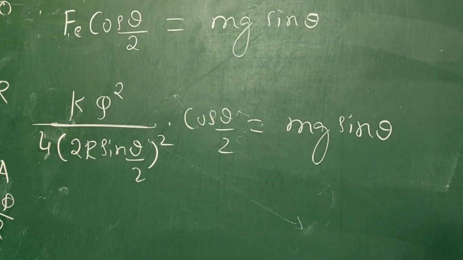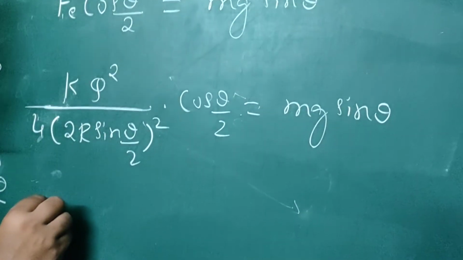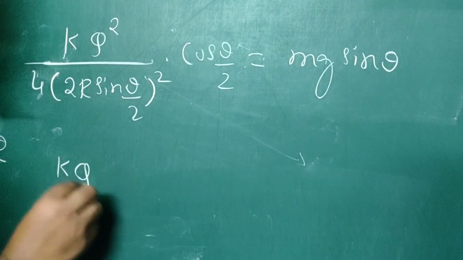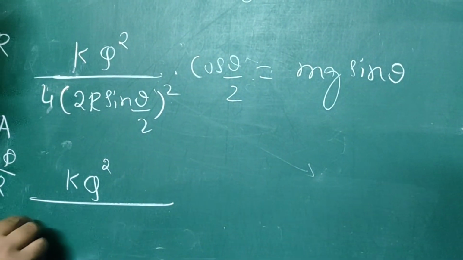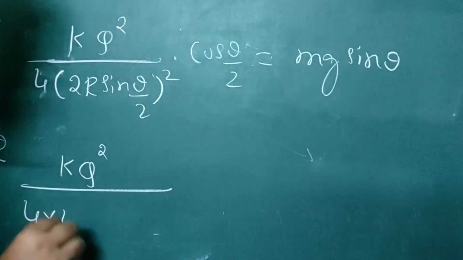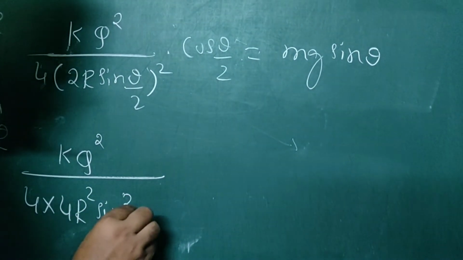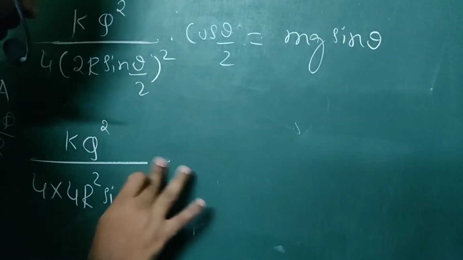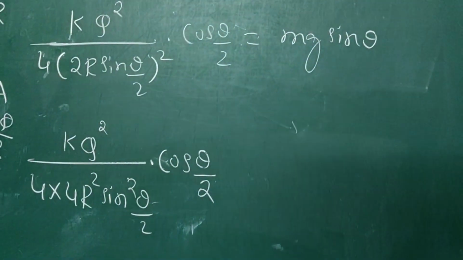Now let us simplify this equation. k q square by 4 into the square of this, which is 4r square sin square theta by 2, into cos theta by 2.